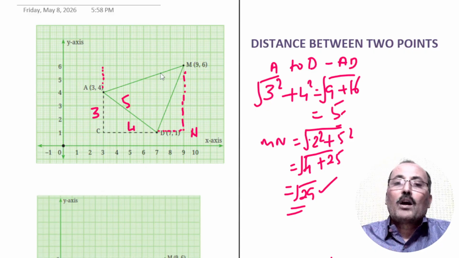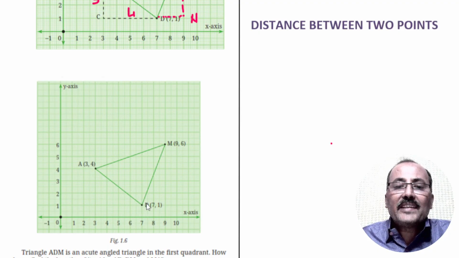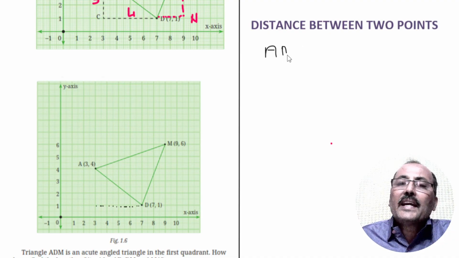But let us derive a new formula for this. Now consider the same triangle, which I have drawn one more time. A is 3, 4, D is 7, 1, M is 9, 6. Now I want to find the distance of AD.